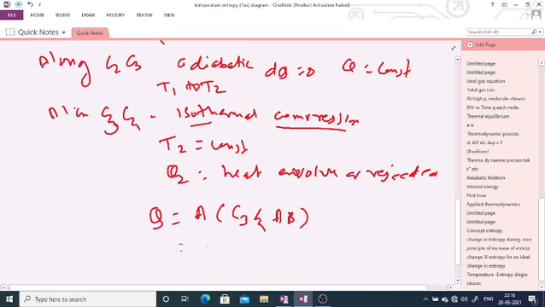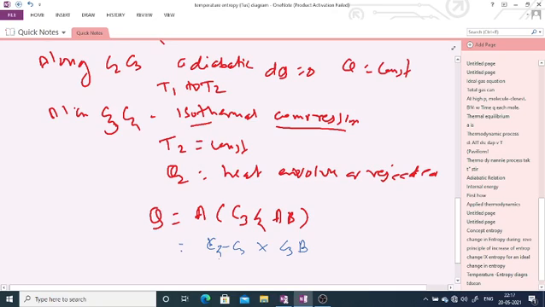So the area is equal to base into height. The base is C4 minus C3, and the height AB is C3 into B.